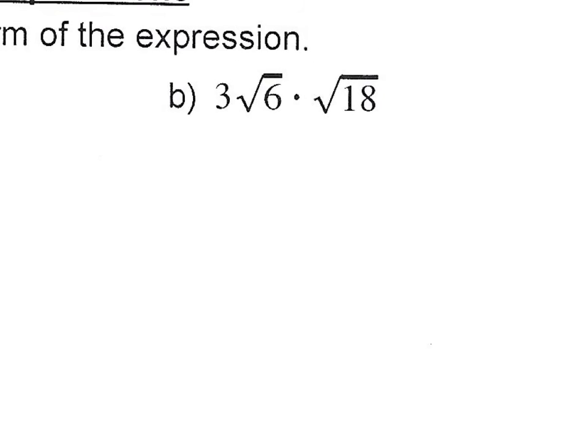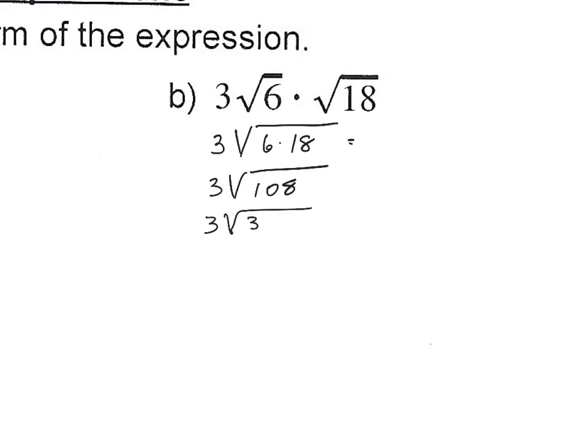So here, when I rewrite this, I have 3 times the square root of 6 times 18, which is going to be 3 times the square root of, well, gosh, that's 108. 3 times the square root of 108, and that is going to be 3 times the square root of 36 times 3, because 36 will divide evenly into 108 3 times.